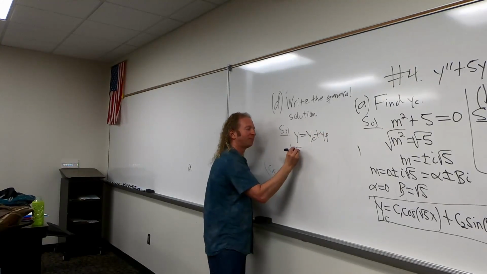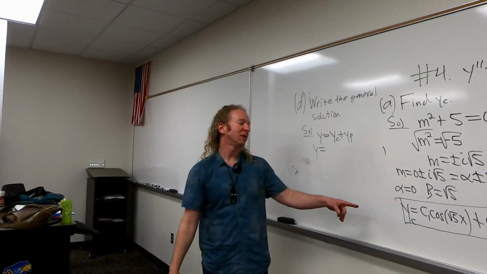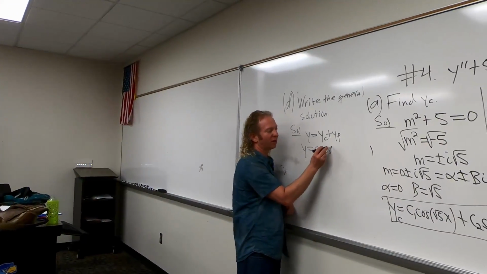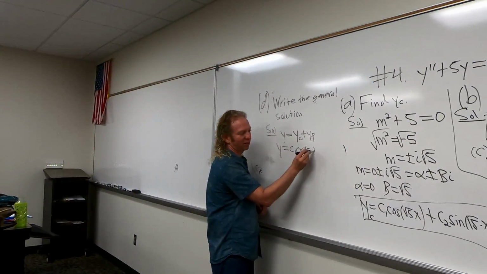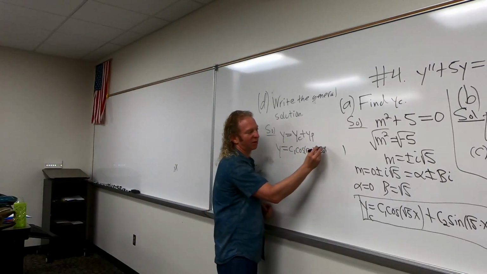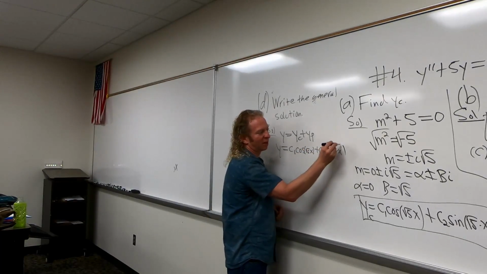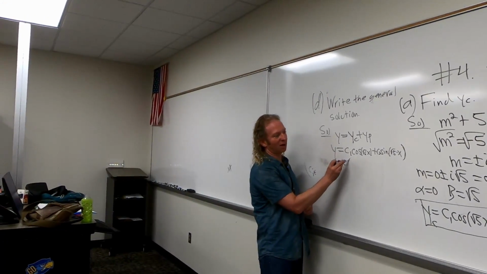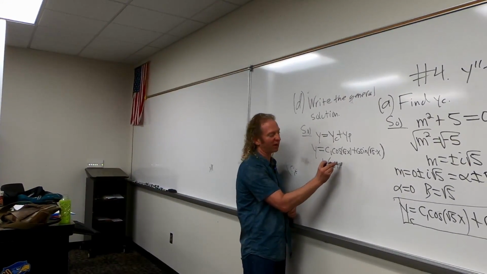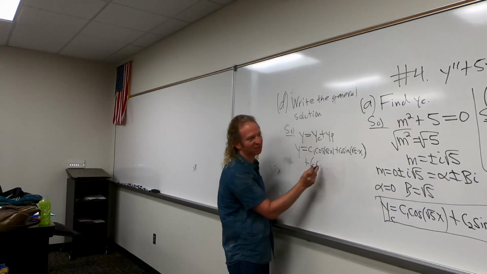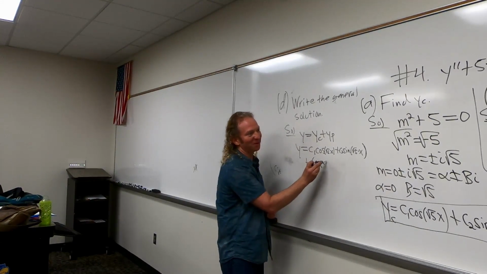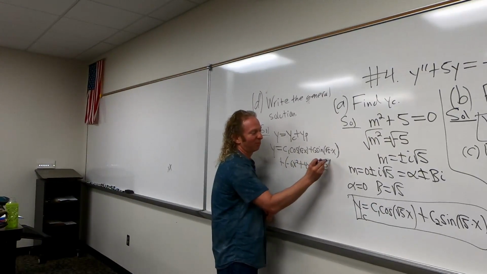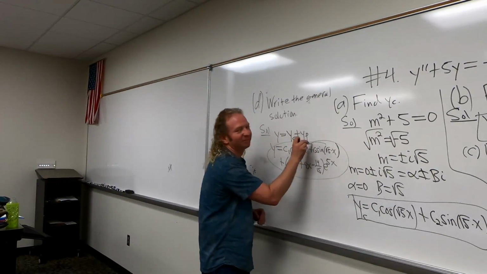YC is here, this thing with these cosines and sines: C1 cosine square root 5 times x, running out of room, plus C2 sine square root 5 times x. And then we have that piece over there plus parentheses -6x squared plus 4x minus 14 over 15, and parentheses 8 plus x. Perfect. Boom. That's it. Good stuff.